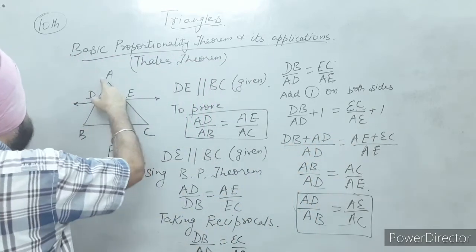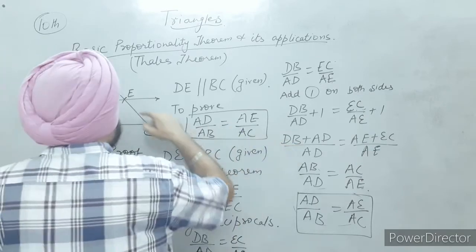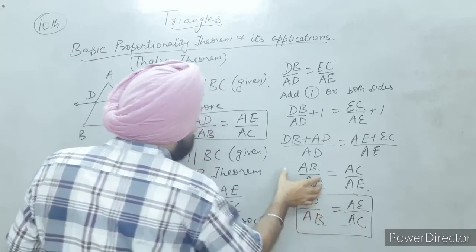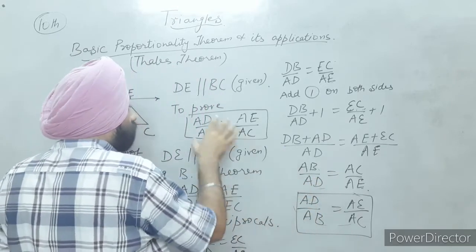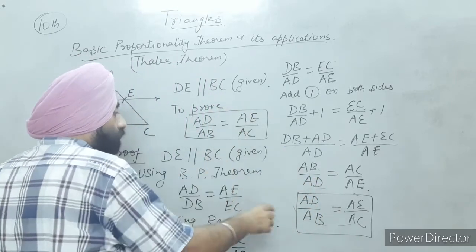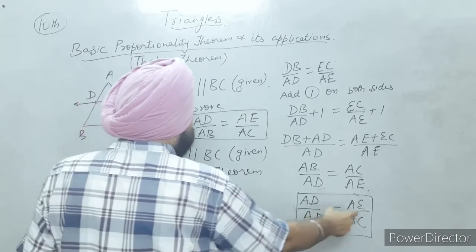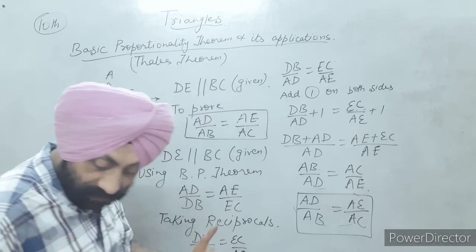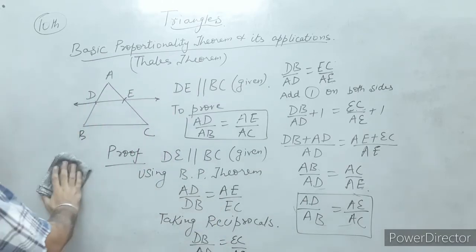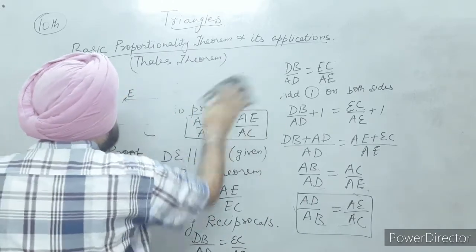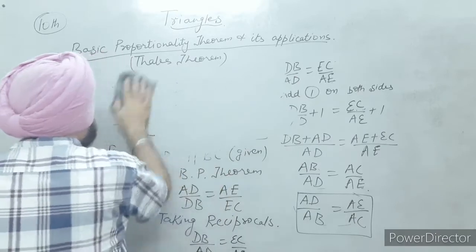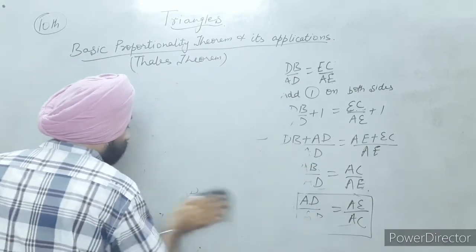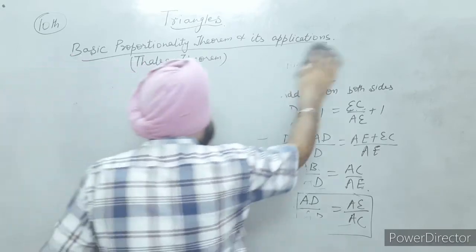DB plus AD is AB. What is AE plus EC? This is AC. I get the result. Just take their reciprocals to prove what we have to prove, that is AD upon AB equals AE upon AC. This is one of the applications of the basic proportionality theorem. Now the second question which we are going to do is again a very interesting one, and it's a direct application of the basic proportionality theorem.